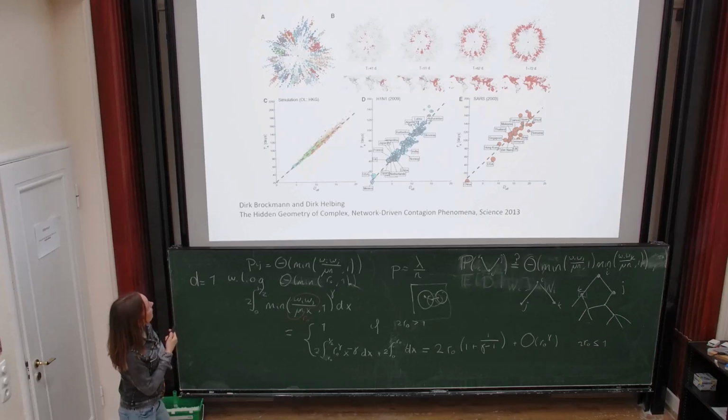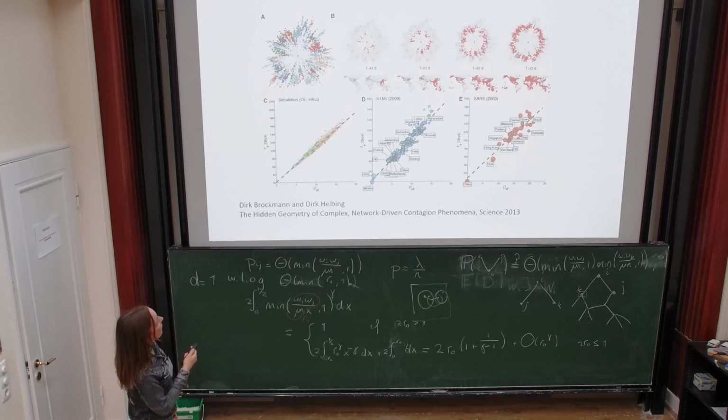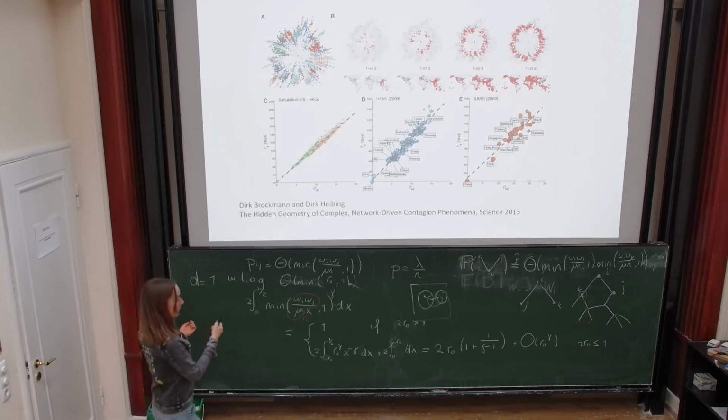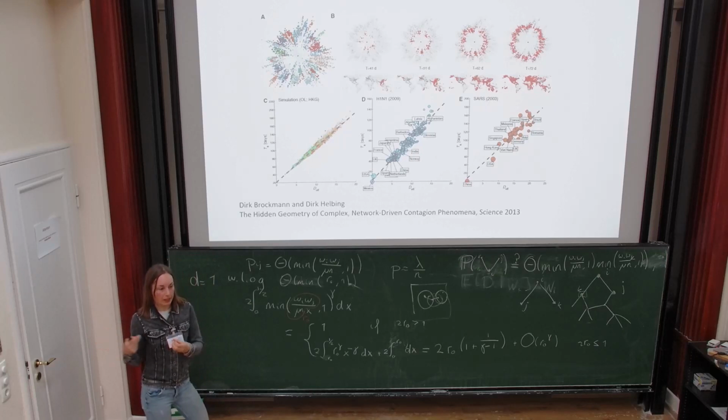What they actually did is they said, suppose that an epidemic starts spreading at some point. It will not spread on the real map, it will spread on the hyperbolic map. Because people will travel, and the distance in kilometers doesn't matter, but the distance in time is what matters for an epidemic. If you can reach another city within a few hours, you can infect someone within a few hours.